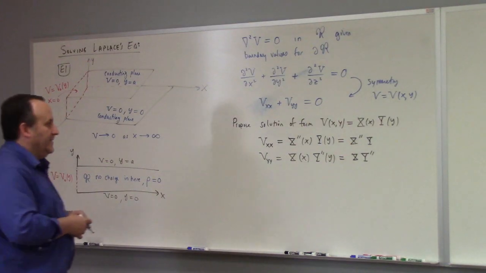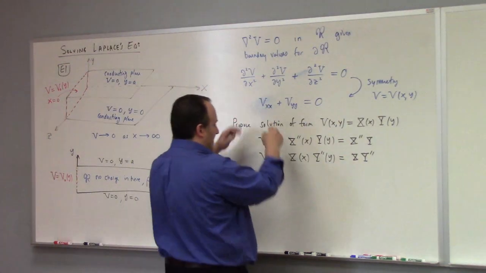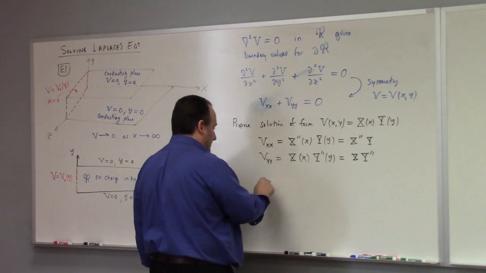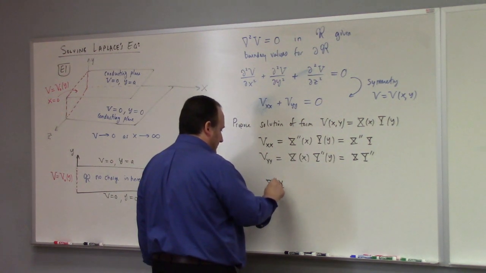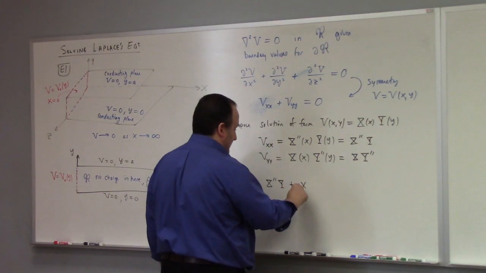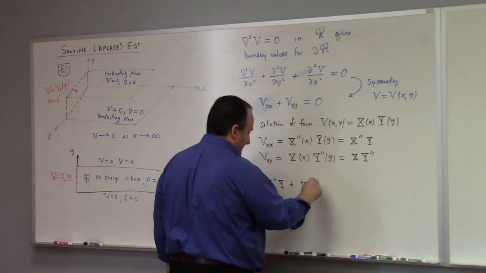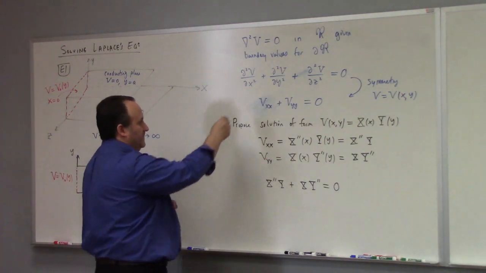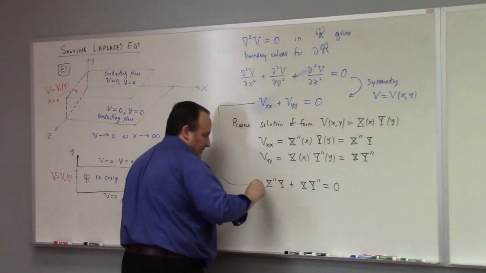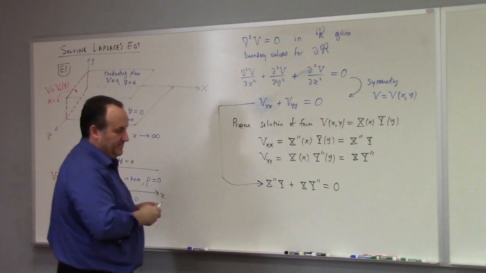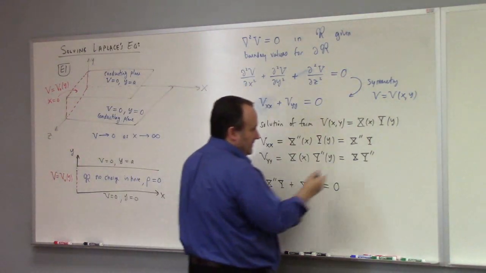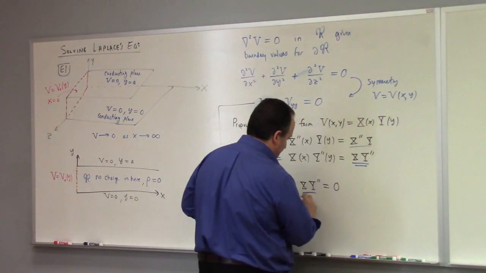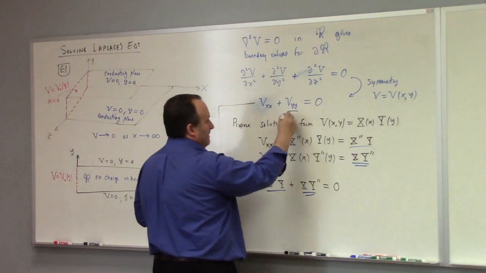Then you just take these and plug them back up in here. Lo and behold, we've got ourselves X prime prime Y plus X Y prime prime equals 0. From here to here, I just plugged in this and that for this and that.